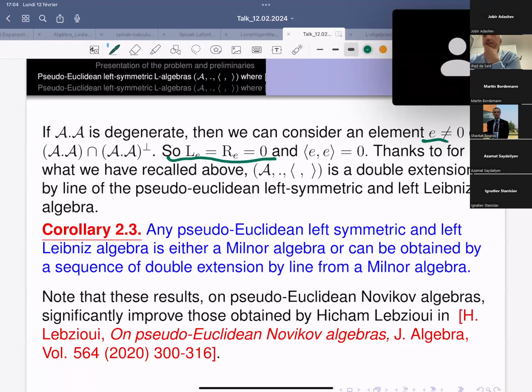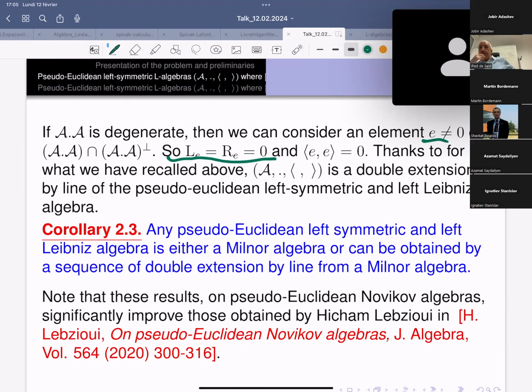The consequence of this result: any pseudo-Euclidean left symmetric and left Leibniz algebra is either a Novikov algebra or can be obtained by a sequence of double extensions from a Novikov algebra. Note that this result on pseudo-algebras significantly improves those obtained by Hicham Lebziri in this project.